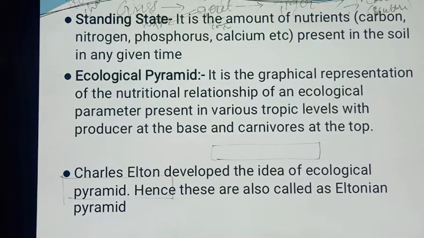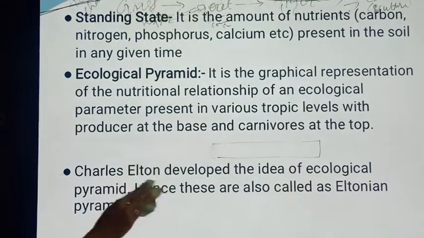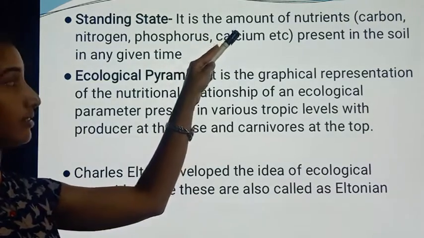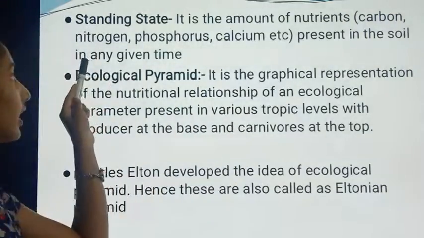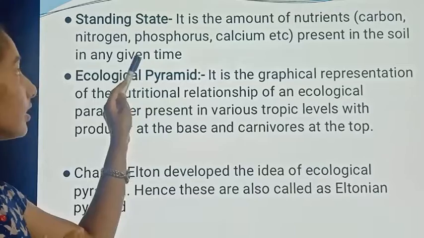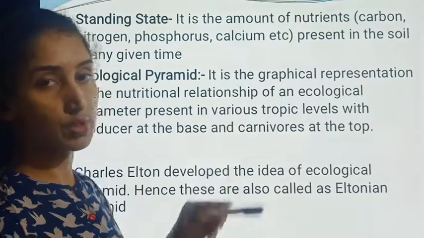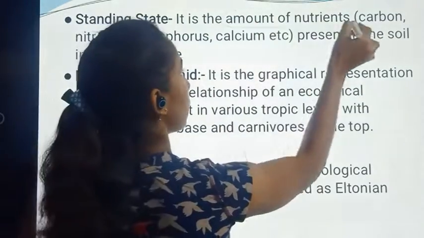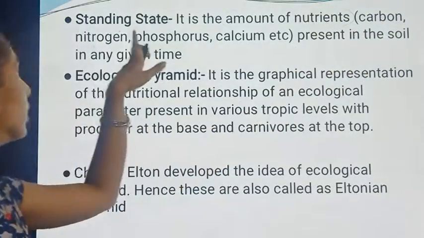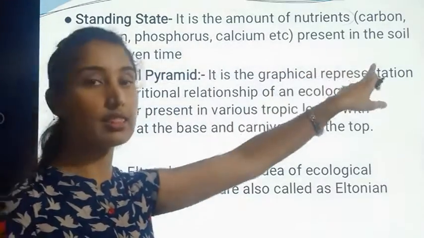And next, standing state. It is the amount of nutrients such as carbon, nitrogen, phosphorus, calcium, etc. present in the soil at any given time.